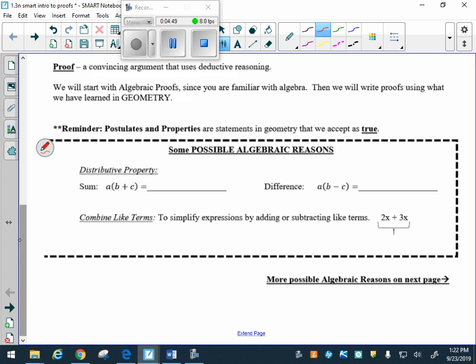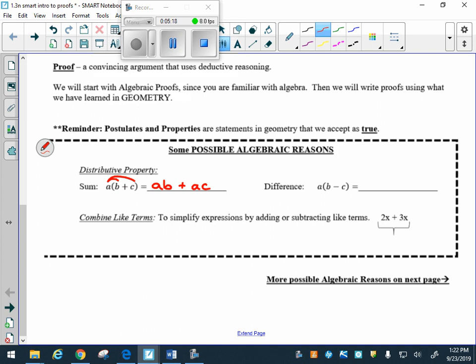When they define distributive property, they don't use numbers, they use variables so that it pertains to all numbers. No matter what A, B, and C are here, distributive property works. And so it says A parentheses B plus C would equal AB plus AC.